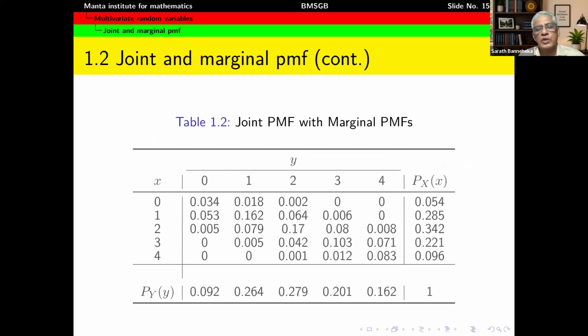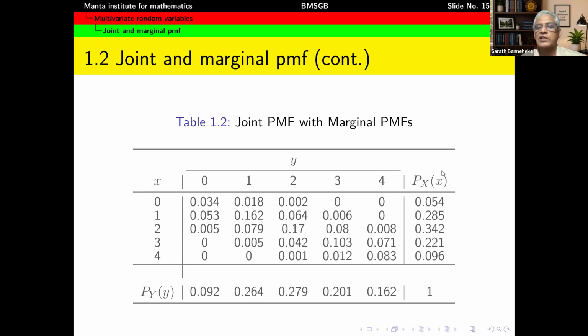Right? So this is the same table, but now I have added another column and another row to show the marginal probability mass function. So if you add the rows, you get the marginal probability that X equal to zero, P_X(0), that you obtain by adding these probabilities. And similarly, adding these probabilities, you get the P_X(1) value. Then P_X(2), P_X(3), P_X(4), right?